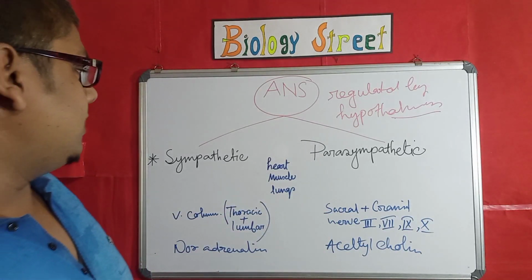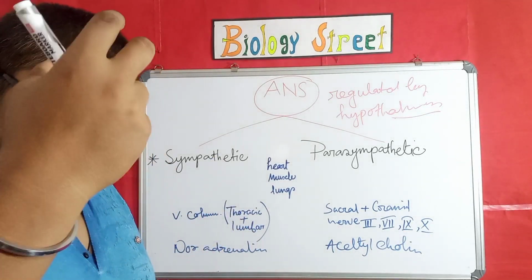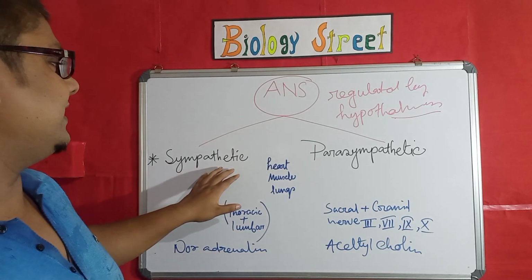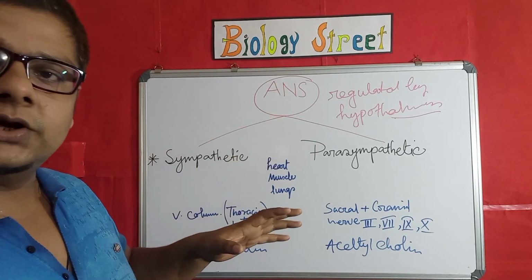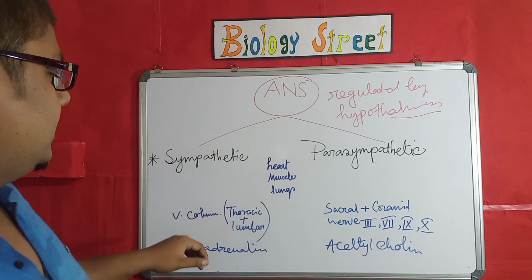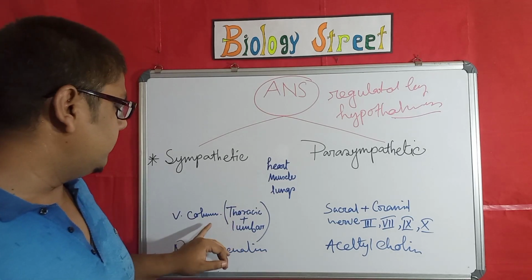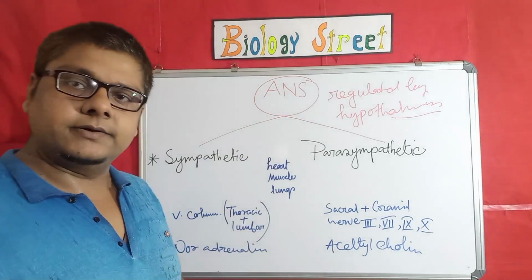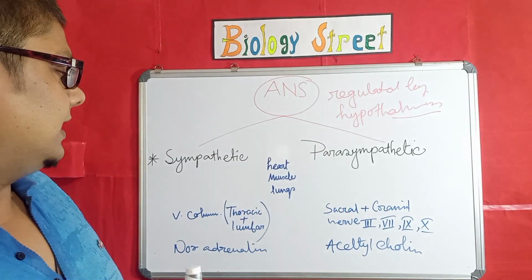Okay. Now the control unit, or from where these kinds of nerves arise. The nerves that control the sympathetic nervous system arise from the vertebral column. These are basically the thoracic and lumbar region. On the last day, we explained about the spinal cord.